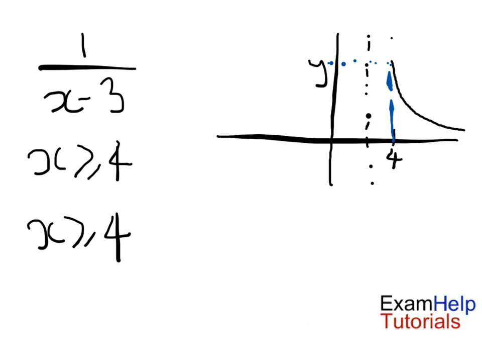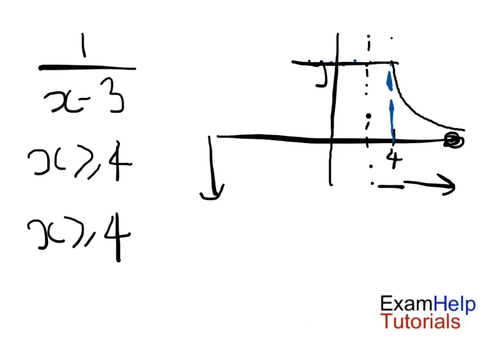So the range, we know it can't be any less than here because our domain is 4 and onwards. So therefore it's not going to touch this, but it's not going to go any higher than this. So what's that going to give us?